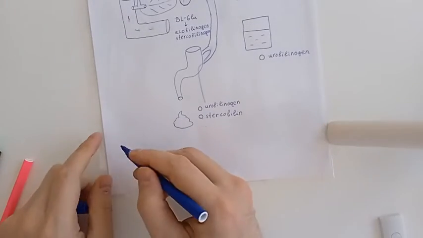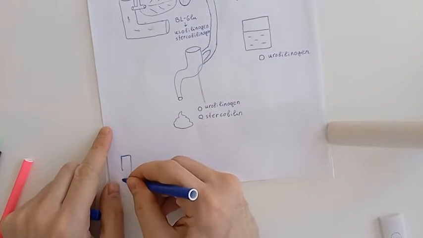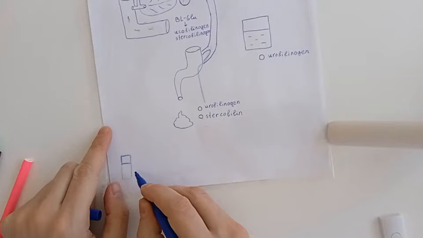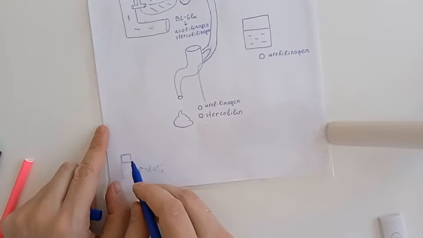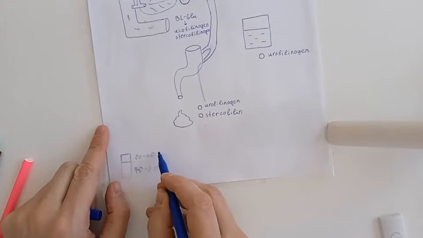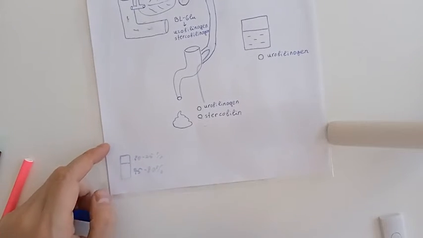A short review. A normal blood test: 75–80% indirect bilirubin, 20–25% direct bilirubin.